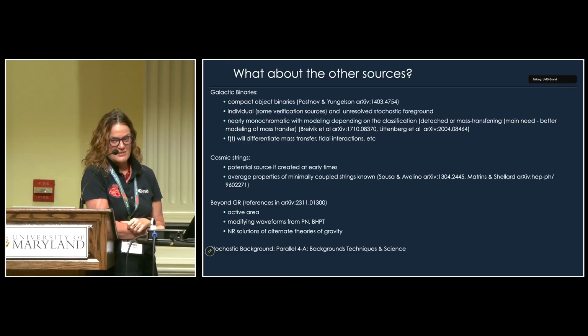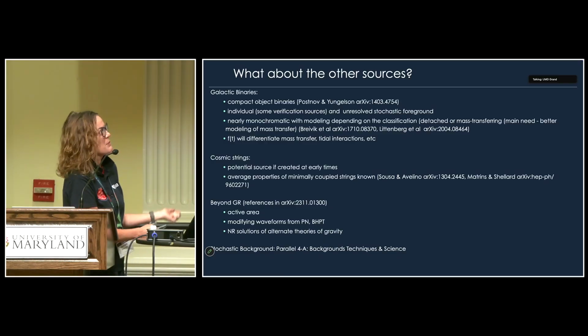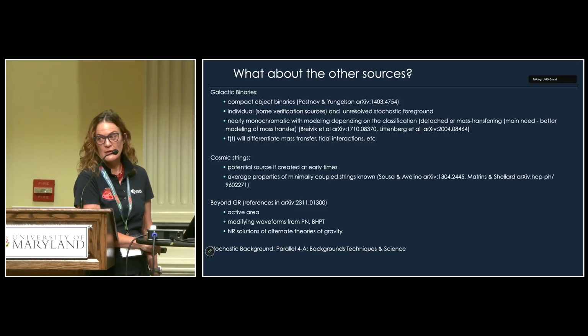Other sources that I won't talk about because I have no idea? No. Galactic binaries are cool. I usually ignore them because they don't need much GR, but they are amazing. We have these individual verification sources, and an unresolved foreground of sources, possible with the white dwarf binaries of LISA. They're mostly monochromatic, which is why I haven't included them here.